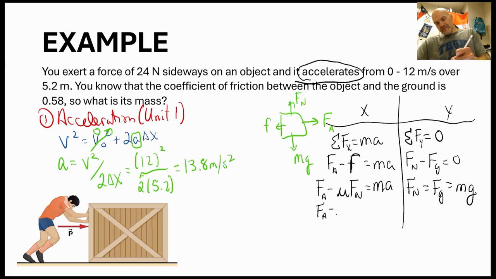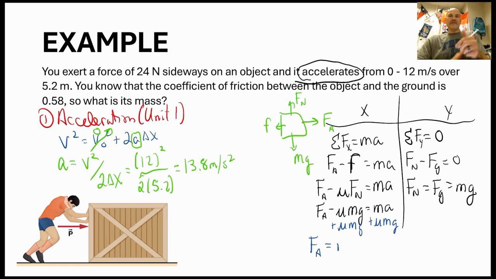But normal force was mg, so I'm just substituting in. Then I add mu mg to both sides. So I get Fa equals, I'm going to do 2 steps in one, both of them have a factor of m, so m times (mu g plus a). Then finally I do my final step of solving this for m.